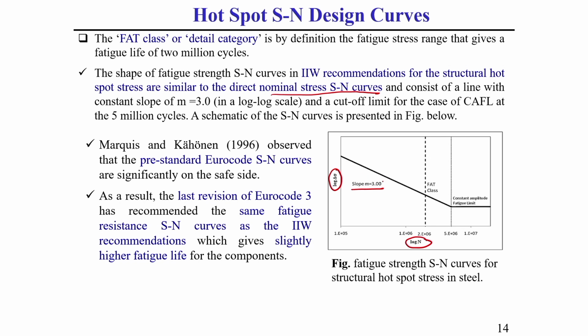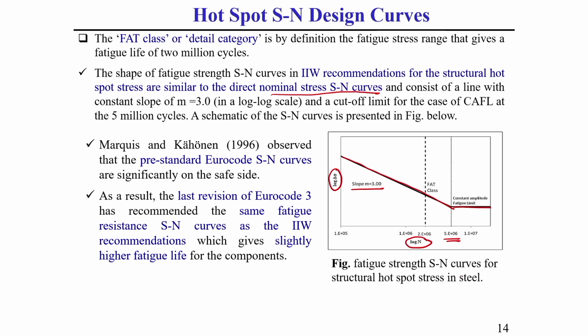The slope of this curve is 3 up to 5 million cycles. After that we get a cutoff point. After that we consider the constant amplitude fatigue limit for steel type of material. That is what is shown here.